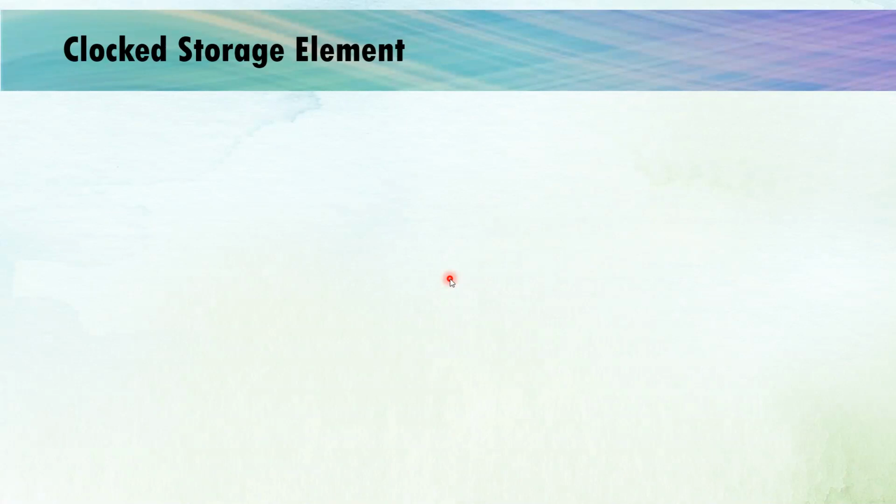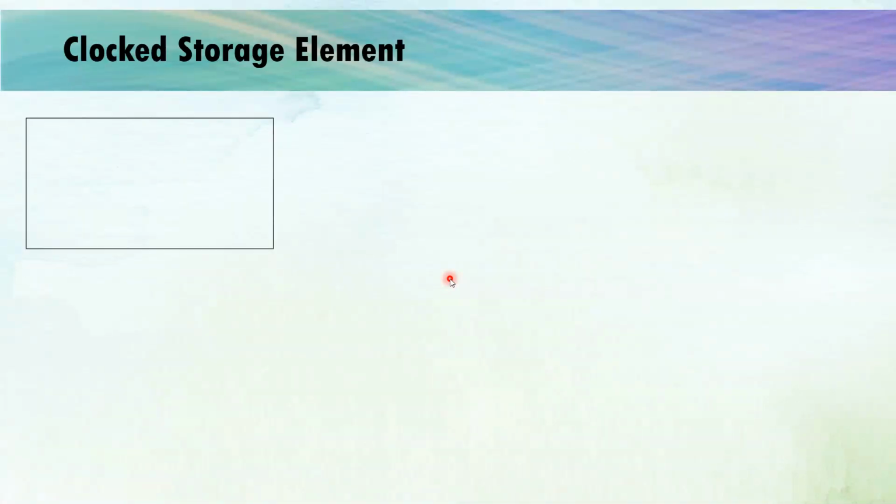In order to do it, it divides the whole design into several paths where the path's starting point and end point is a register or a clock storage element. So it's really important to understand what a clock storage element is.